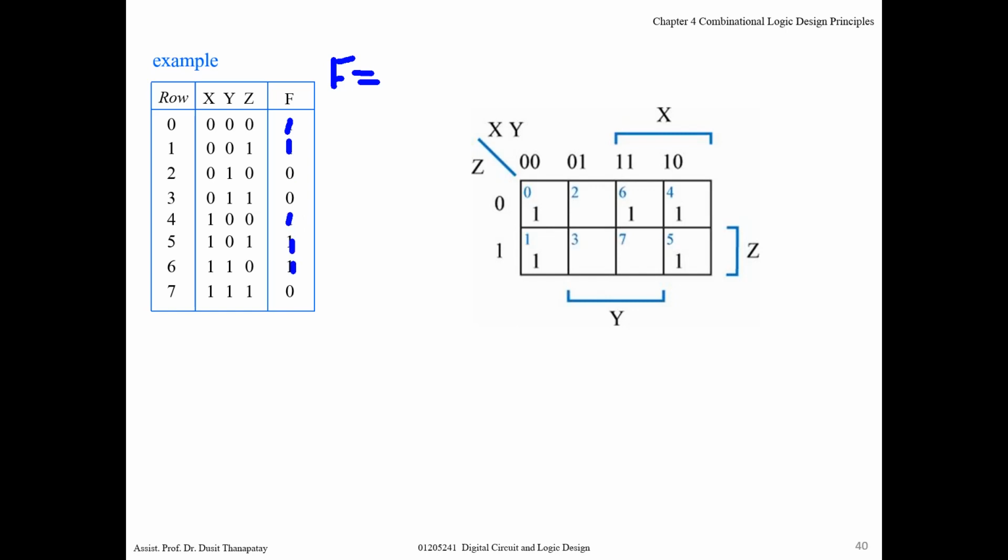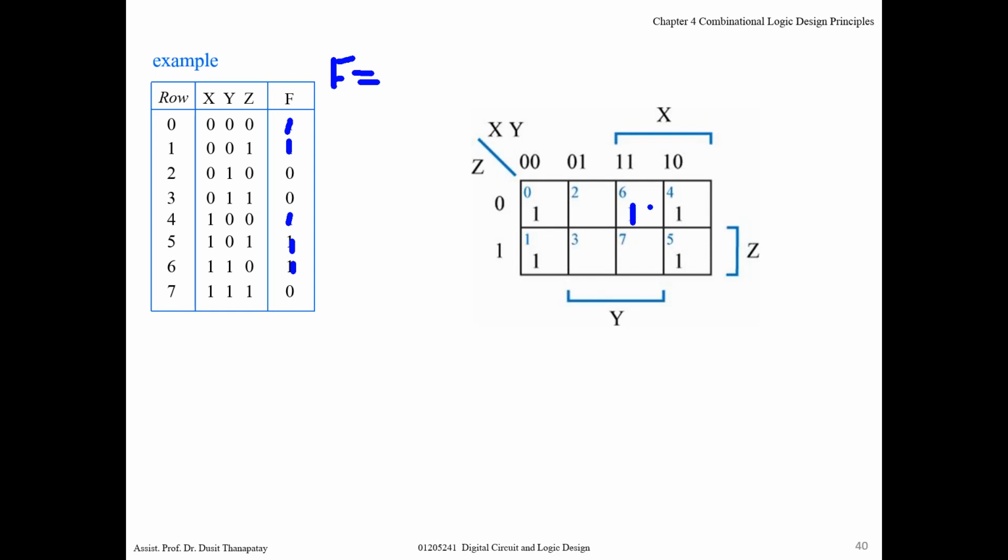But when you implement the circuit, it uses so many logic gates. So now let's consider how to minimize or reduce the number of logic gates when you implement the circuit. It's very easy. Okay, let's consider this one first.